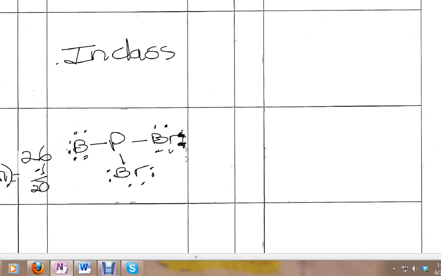So we got 6 for each one. 18 plus 6, 24, 25, and 26. By the way, this looks so horrible.